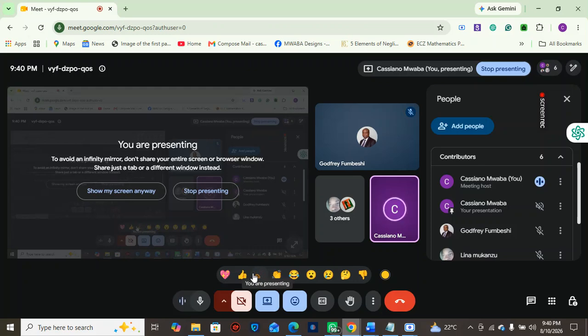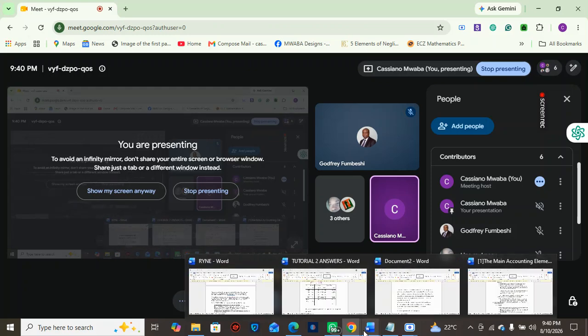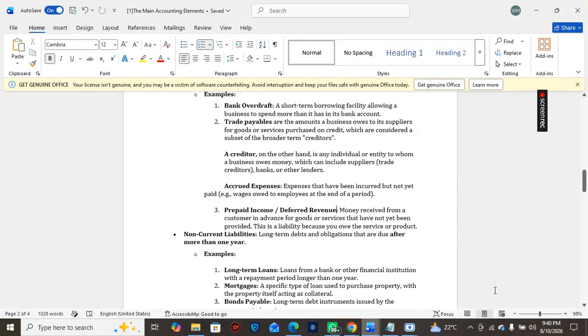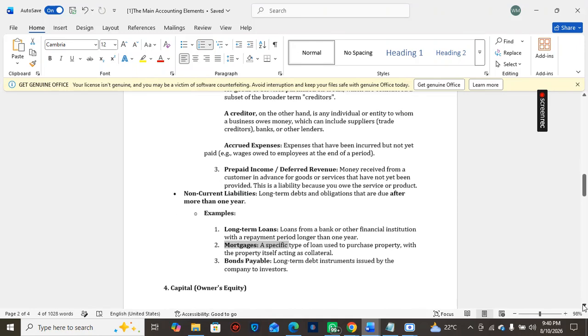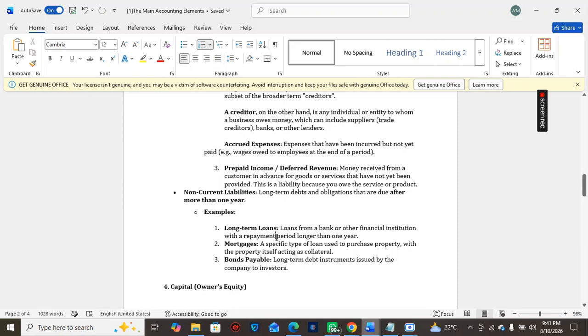If the company gets a 5 year loan, a 4 year loan, a 3 year loan, that's a non-current liability. Long-term loans, mortgages, a loan used to purchase property, and bonds payable.